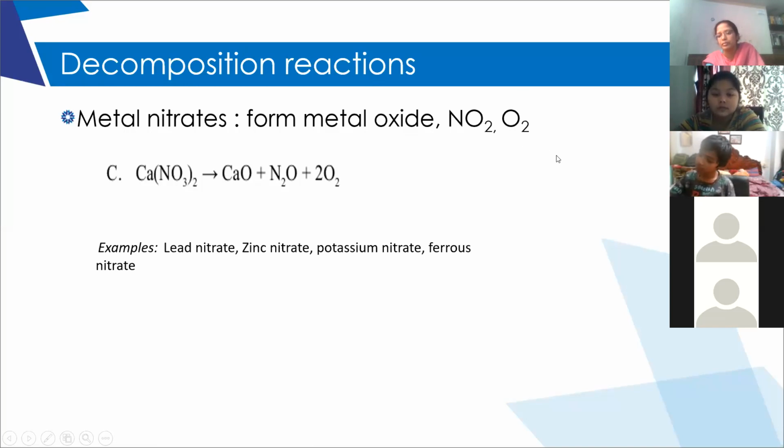Ma'am, I did not get this, because here it is written N2O and nitrogen is NO2. Sorry, NO2 plus O2. Please correct this one. It is not N2O, not nitrous oxide. We'll get nitrogen dioxide plus oxygen.